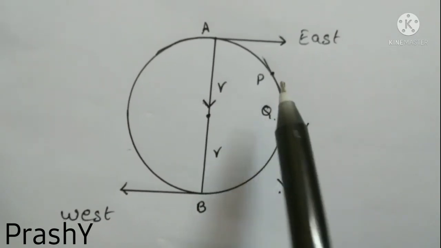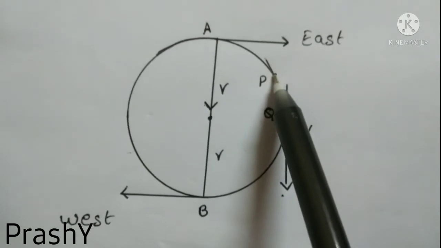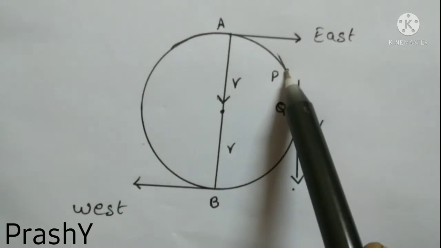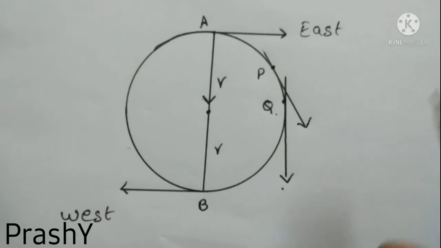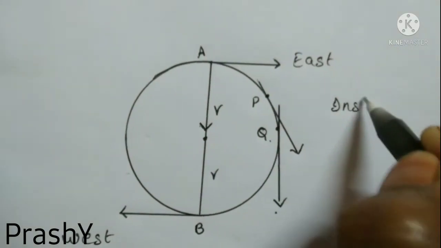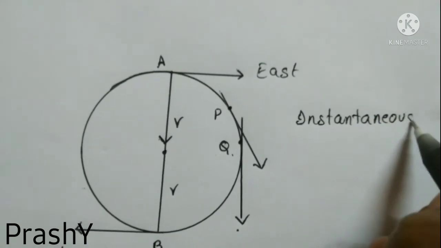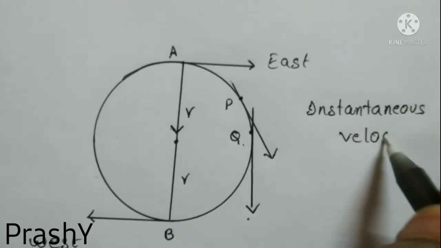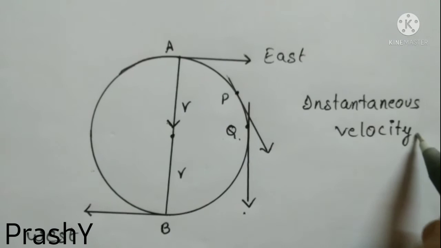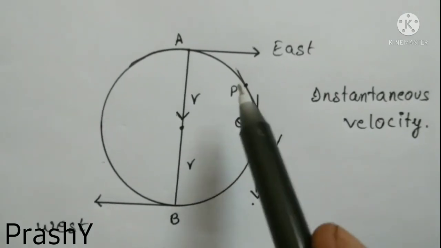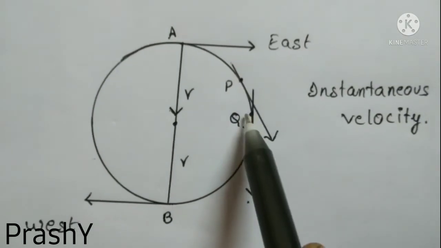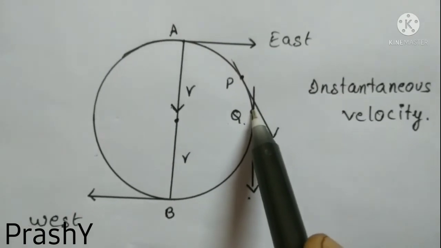The velocity at a particular instant, that means at a point P, is called instantaneous velocity. So what is instantaneous velocity? Velocity at a particular instant, that means at this point. Now what will be the instantaneous velocity at Q?